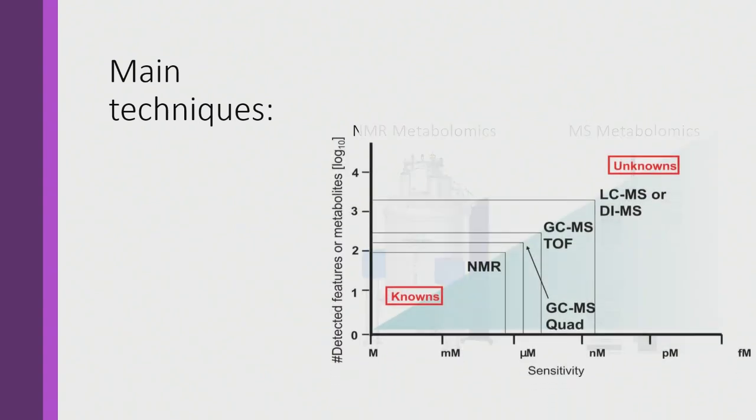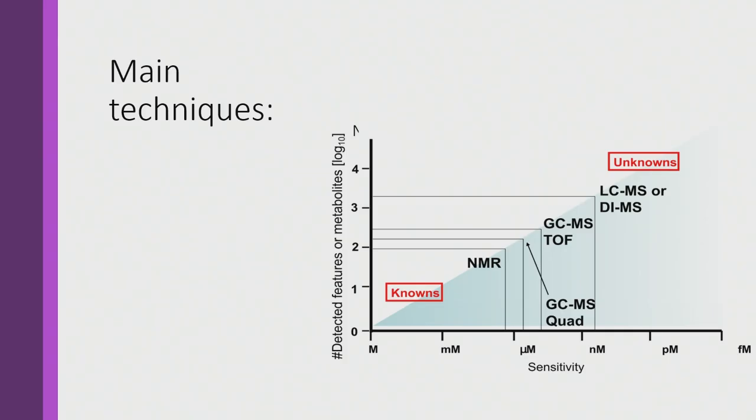Depending on the sensitivity that you need, you can go through NMR or you can go through mass spec, in the sense that if you need to characterize very low concentrated metabolites, you cannot use nuclear magnetic resonance. You have to go through mass spec. But for other reasons, NMR can be very powerful.